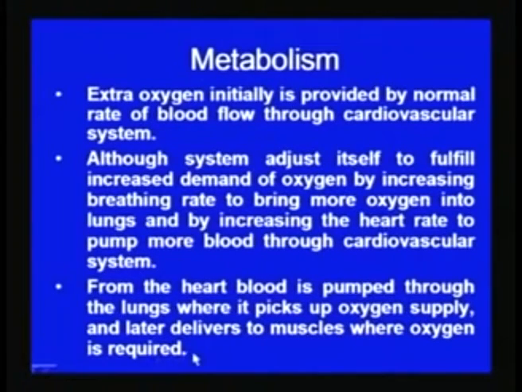So, the increased breath rate provides more oxygen to the lungs, where it is picked up by the blood and goes to the muscles, and the increased flow rate of the blood due to the increased heartbeat rate makes available the required amount of oxygen to the muscles.